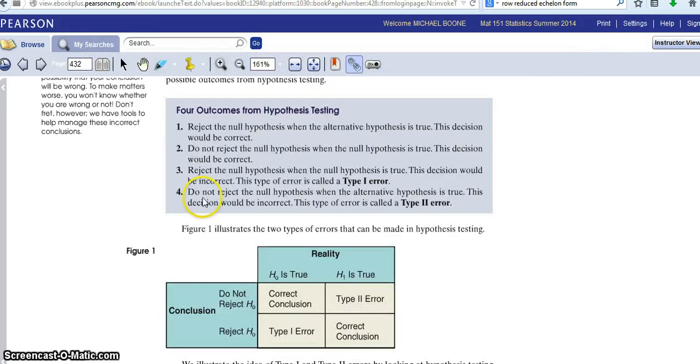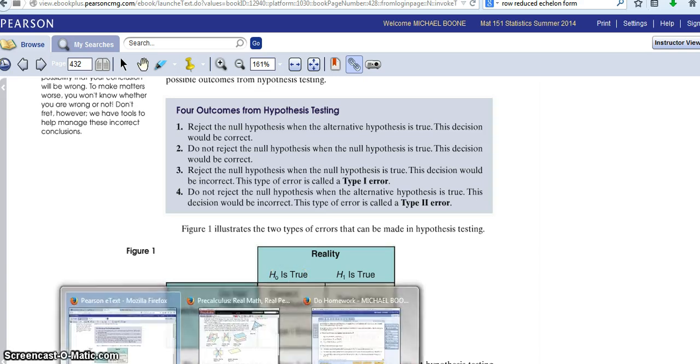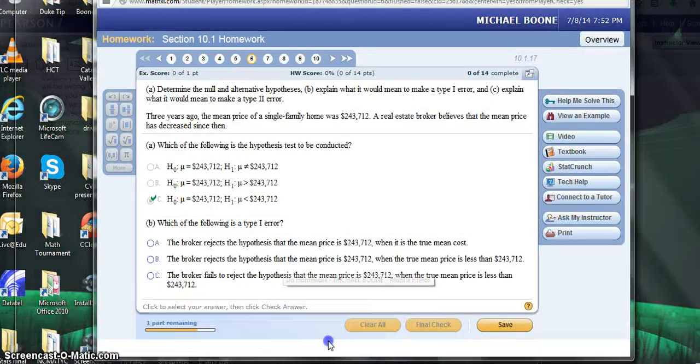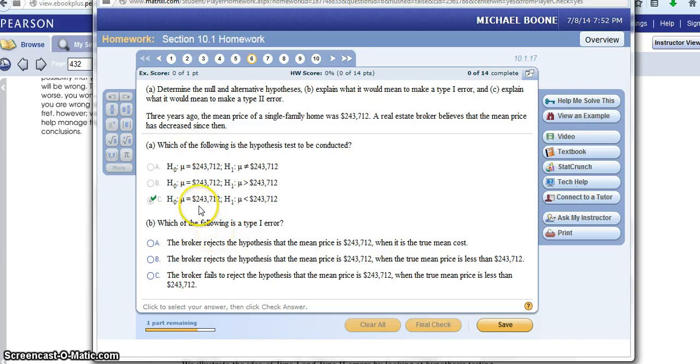So these are some definitions that are in the book on page 432. And a type 1 error is when we reject the null hypothesis when the null hypothesis is true. So if we go back to the problem, what it's saying is, I rejected this. I said that I don't think it's 243,000. I think it's less than.